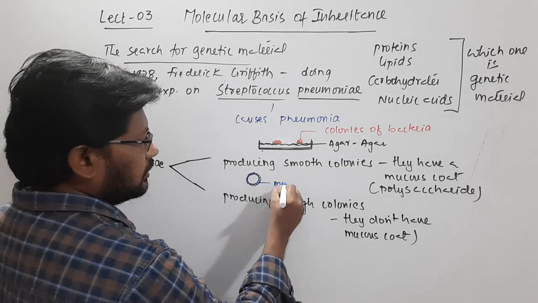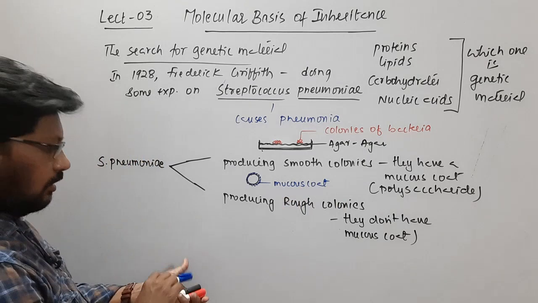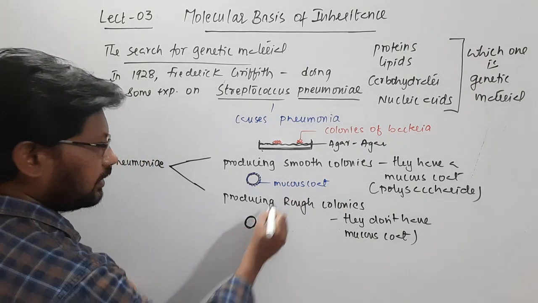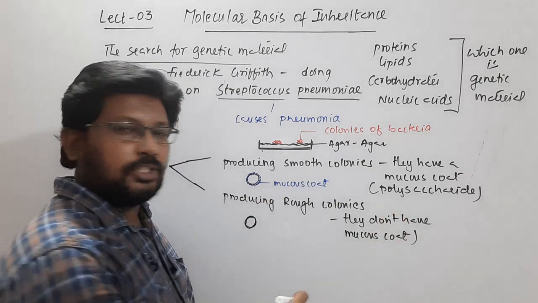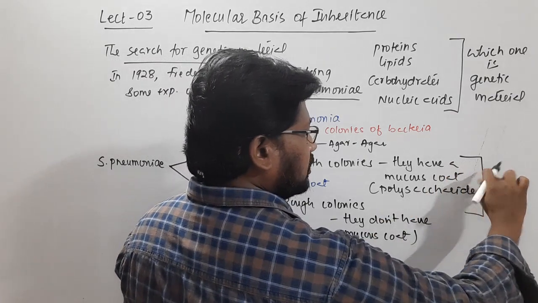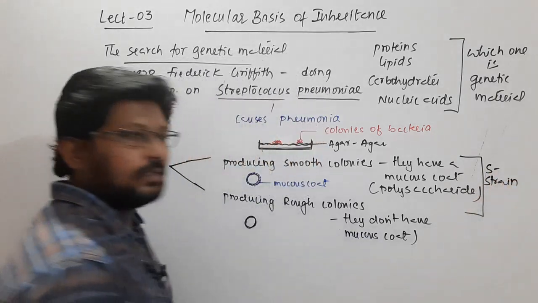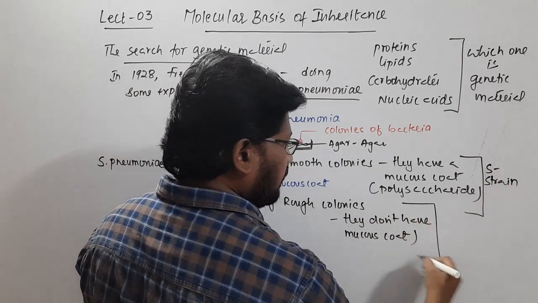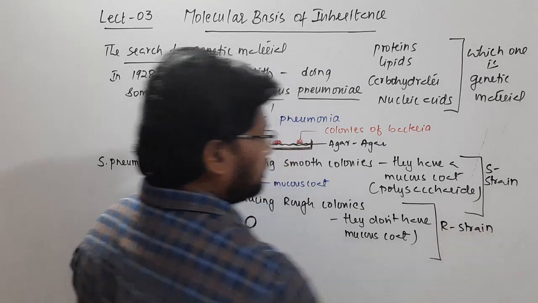And in the case of the rough colonies, we don't find any mucus coat. That's what he mentioned as S strain, whereas these rough colony varieties he mentioned as R strain.